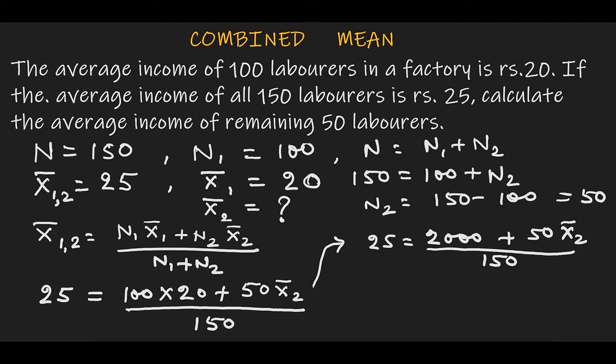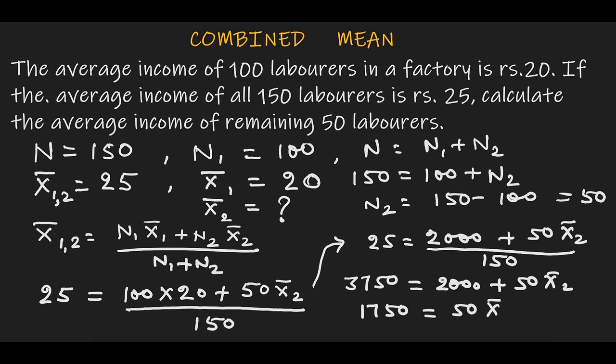Now if we cross multiply 25 with 150, we will get 3750 is equal to 2000 plus 50 into mean 2. Then 3750 minus 2000 will be 1750 is equal to 50 into mean 2, and if we cancel it, mean 2 will be rupees 55.